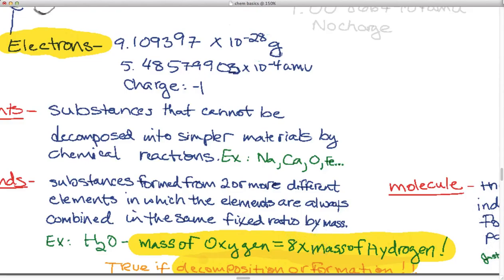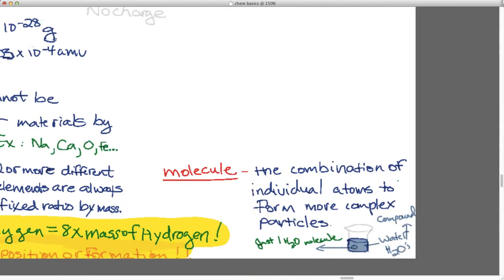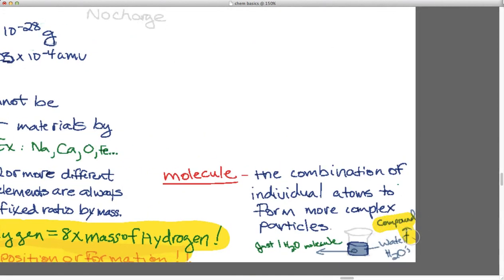And within this compound of H2O, let's say we look at this glass of water, okay? We can look at just one H2O molecule. A molecule is just the individual atoms, the 2 hydrogens and 1 oxygen. You get a bunch of these individual molecules together, and they're referred to as a compound, okay?